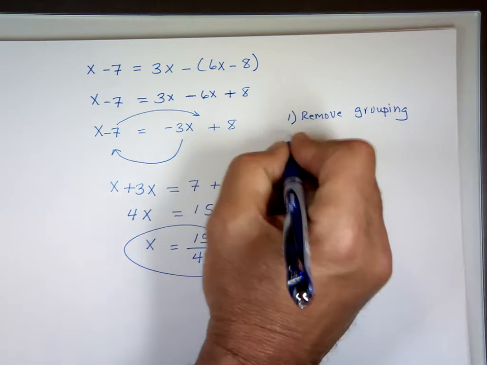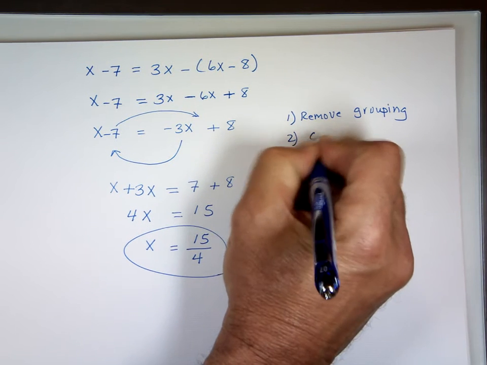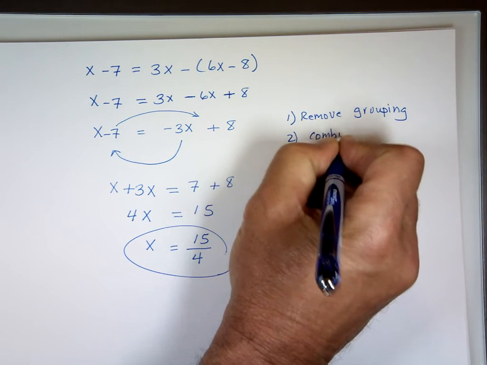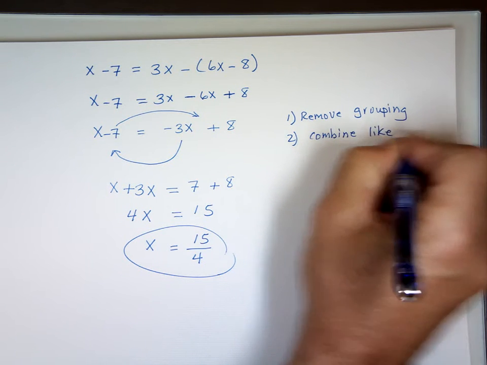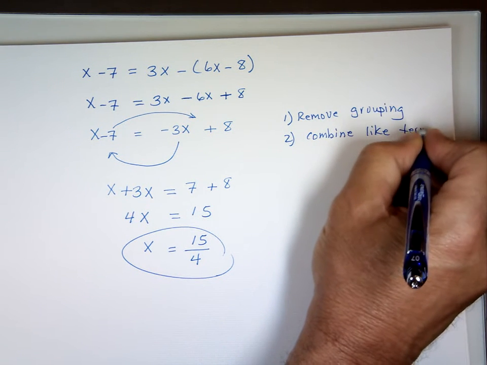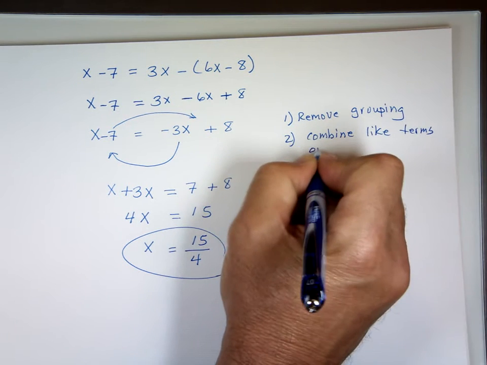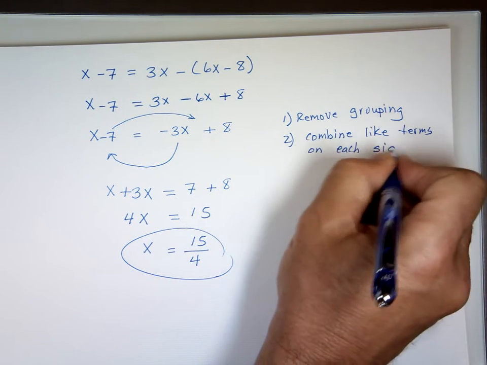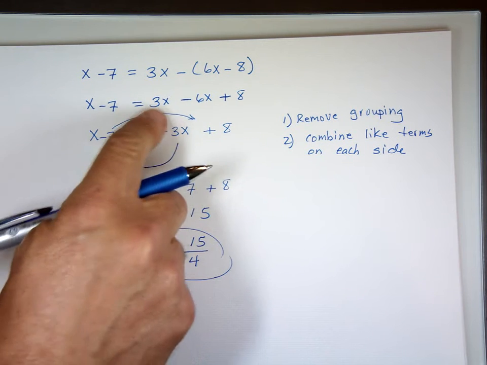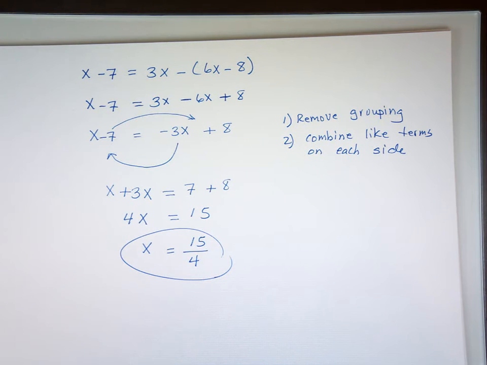Next step I did is what? Combine like terms on each side. In this case, it was only one side. I took the 3x and the negative 6x, put them together.